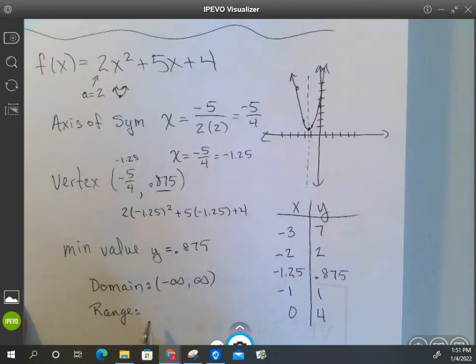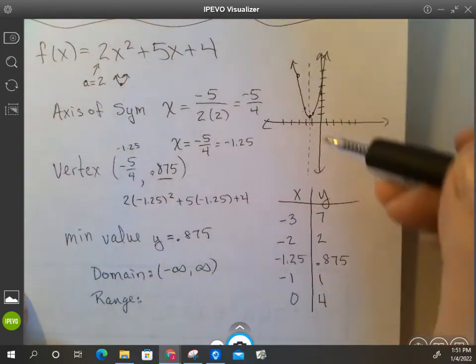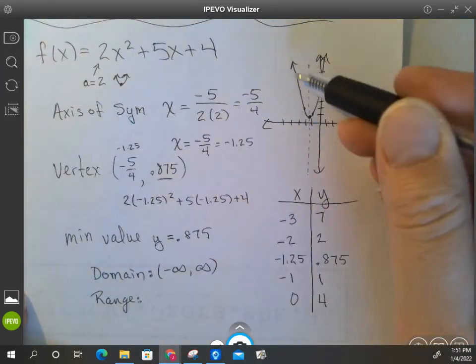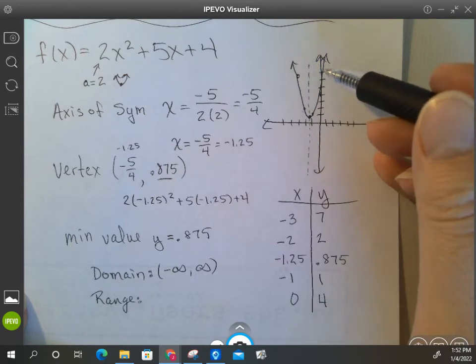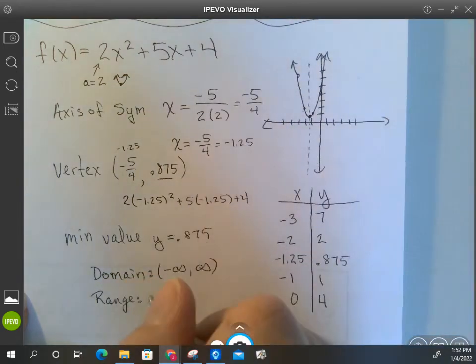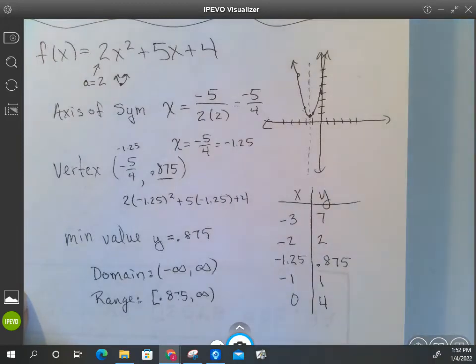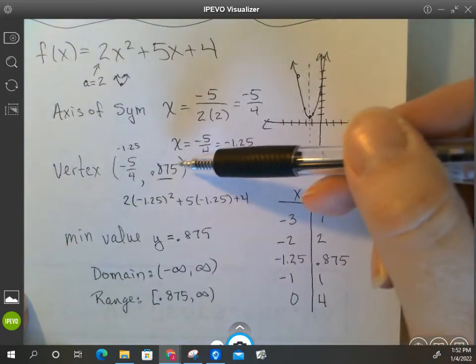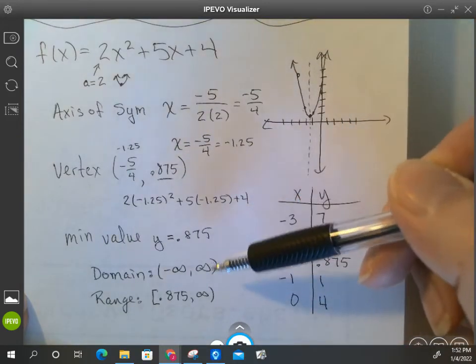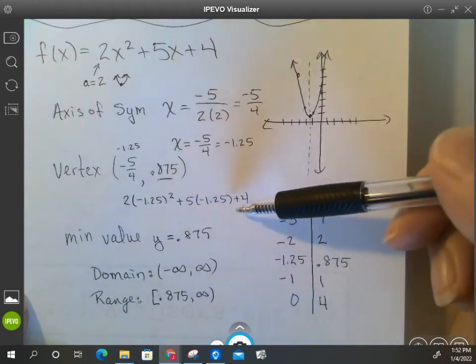Now, this has a minimum value, meaning this is my low point, and then it goes up. So as it's going up, do we see that the low point for interval notation, the low is 0.875, and it goes to infinity. So without actually graphing that, all I needed was my vertex, and I could have told you the domain and range and the minimum and maximum.